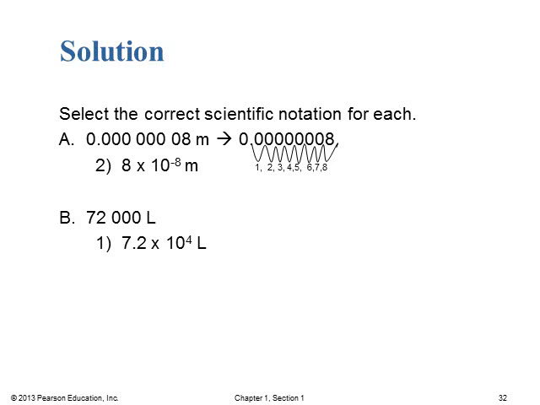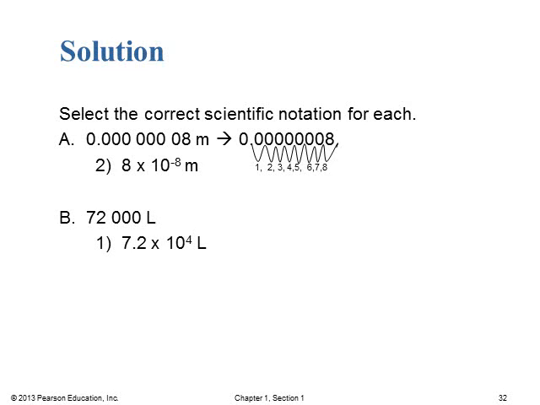Here, I just wanted to make a quick note on how we actually can come up with where that exponent comes from. We can determine our exponent based on how our decimal moves. So if we have 0.0000008, as we discussed before, the correct answer for the scientific notation is 8 times 10 to the minus 8.